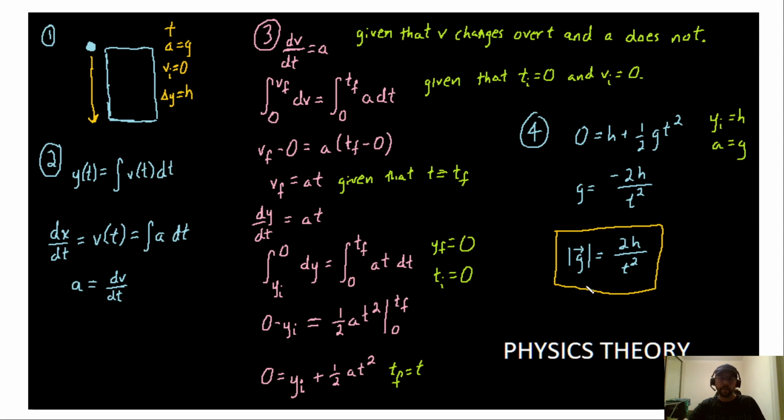Yeah, so the problem that I want to solve, here's a bunch of physics theory. If you want to pause it and look over it, you can, but basically the idea is we have a building and we're dropping a ball out of a window or off the top of the building, I'll probably mix it up between those two as I describe the problem. We're dropping it from some fixed height, and we want to use that to calculate g.